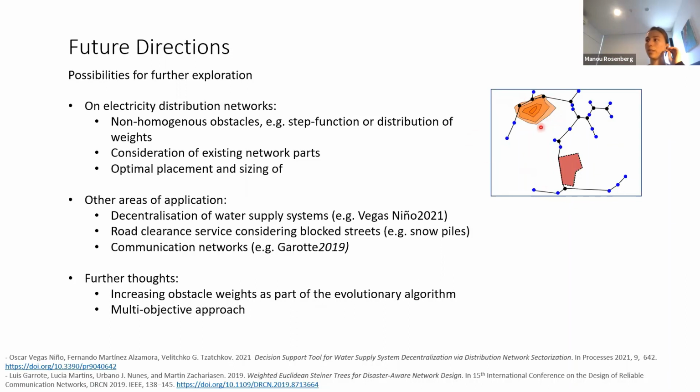Like this could be incorporated within the evolutionary algorithm. But those were just some ideas, like what we could further explore. And I don't know if I get the chance to do this, but if you have further ideas, I would still like to hear them.